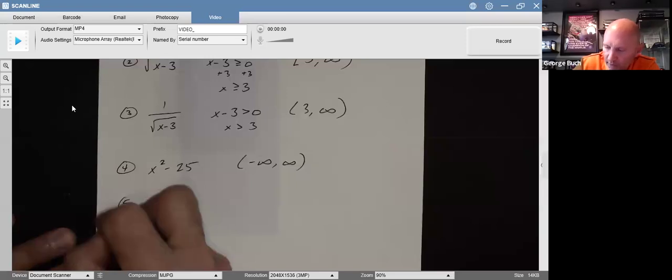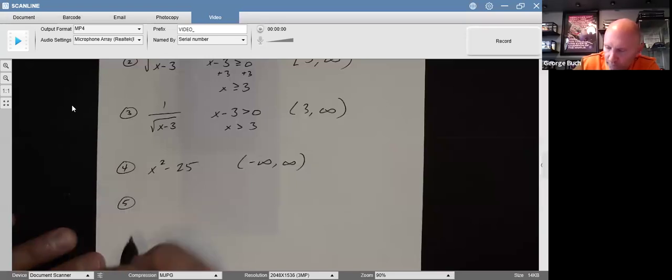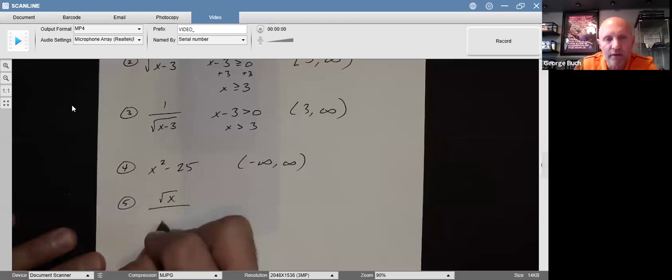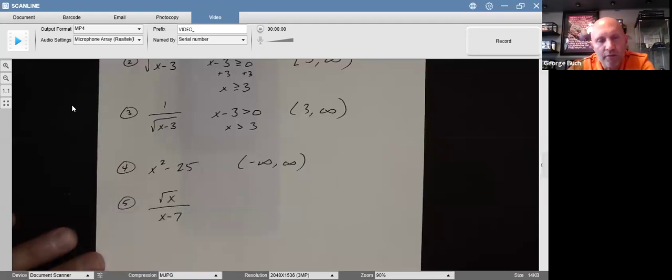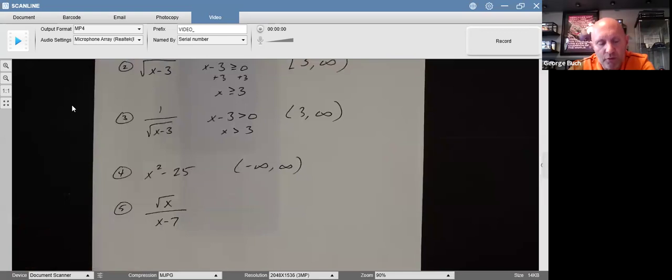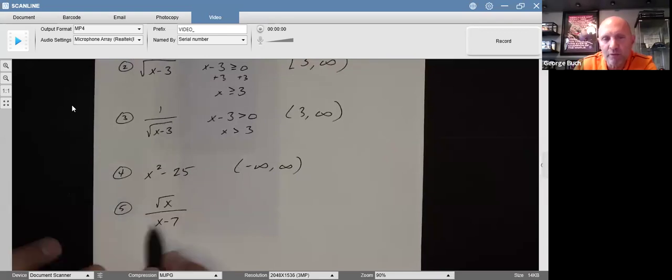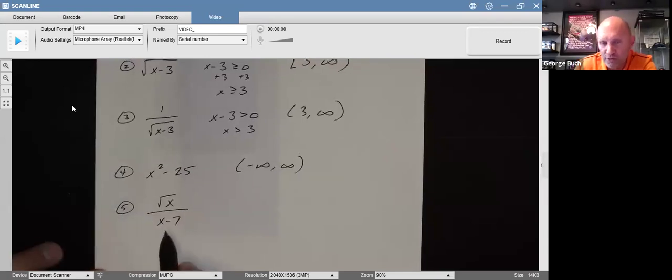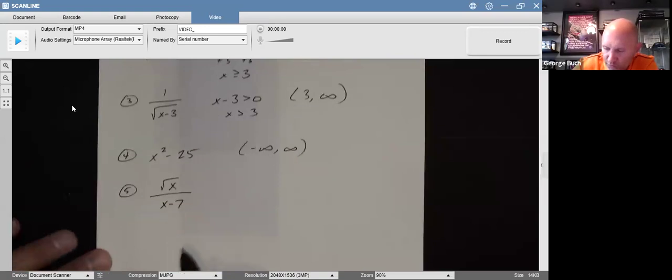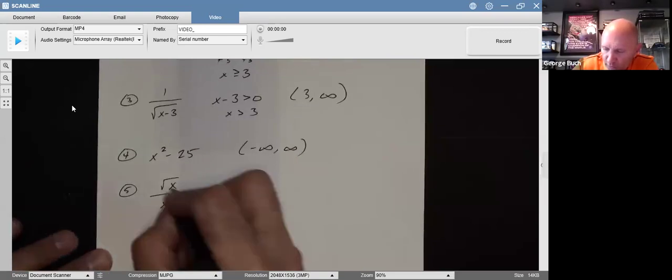And lastly, what if I have square root of x over x minus 7? Do I have a denominator? Yes, I do. Do I have an even root? Yes, I do. So I have to find both domains separately and then find the intersection, the overlap. First in the numerator, I have this square root.